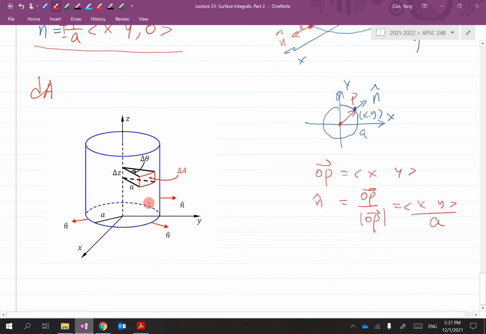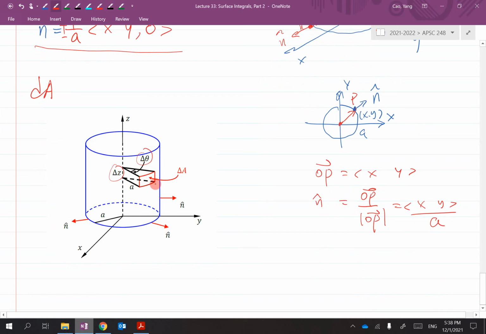As you can clearly see, it's created by rotating a little bit by delta theta, and also changing a small delta z in the z direction. Then you can create a very small patch on the cylindrical surface.